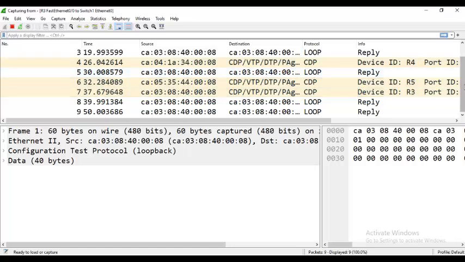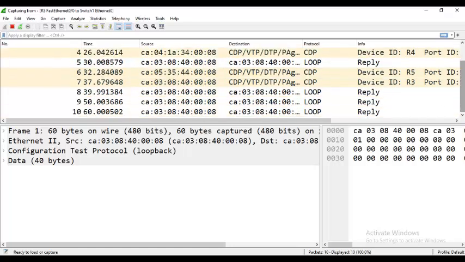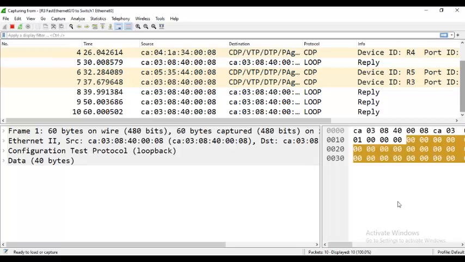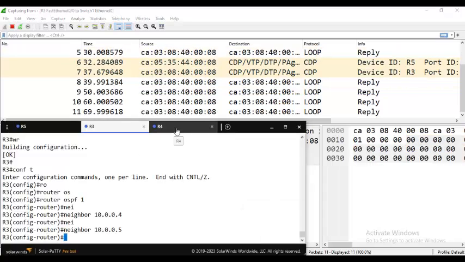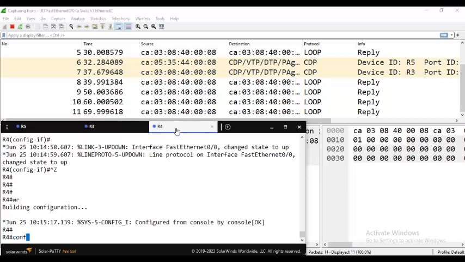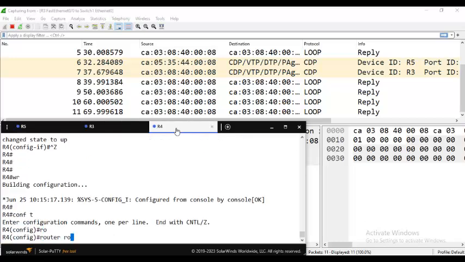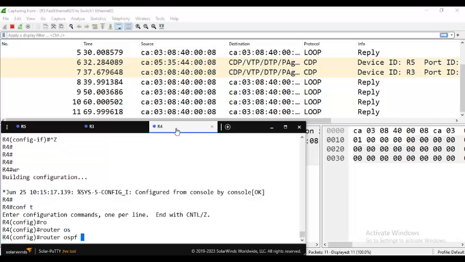Let us also configure on R4. Router OSPF 1. Neighbor is 10.0.0.3, and another neighbor is 10.0.0.5.